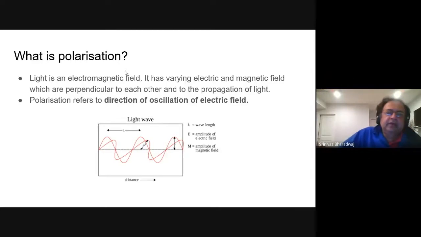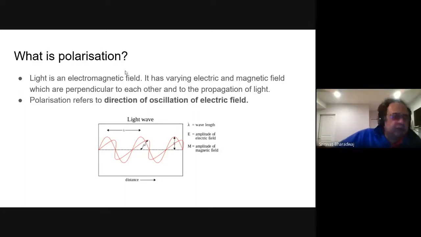So if E is along X and B is along Y, then the wave is going to propagate along Z, and as a result, we said that light is also a transverse wave. The direction of the electric field and the direction of the magnetic field are perpendicular. This is the wave understanding of light.